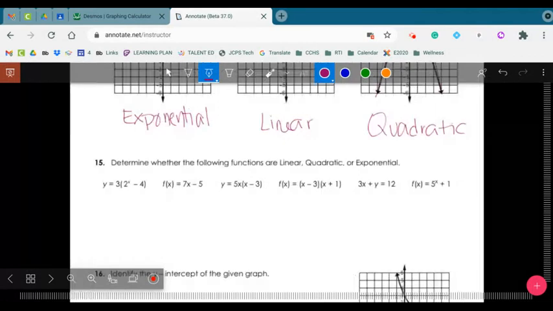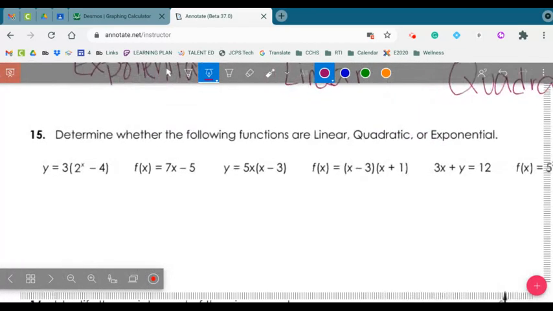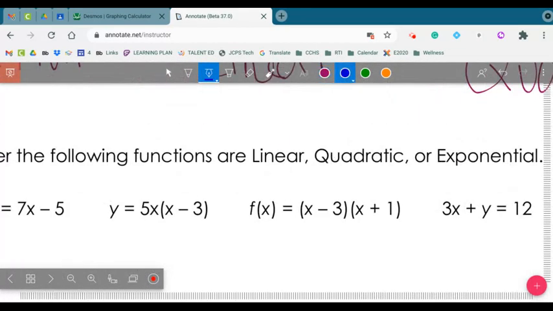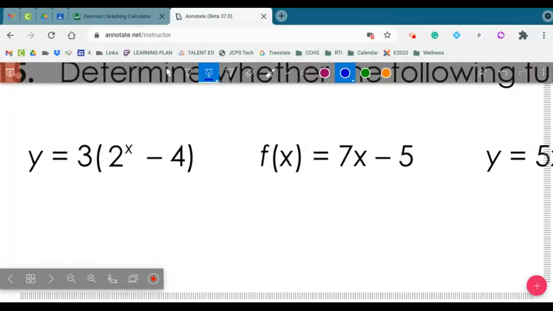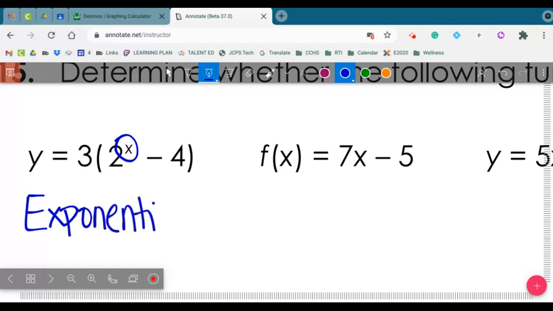Okay, next one, determine if the following are linear, quadratic, or exponential. So linear, remember, has the x. Quadratic, you have x squared or 2 x's, and then exponential, you have your exponent of x. So the first one, our exponent's an x, so it's exponential. Next one, you just have an x, so it's linear.